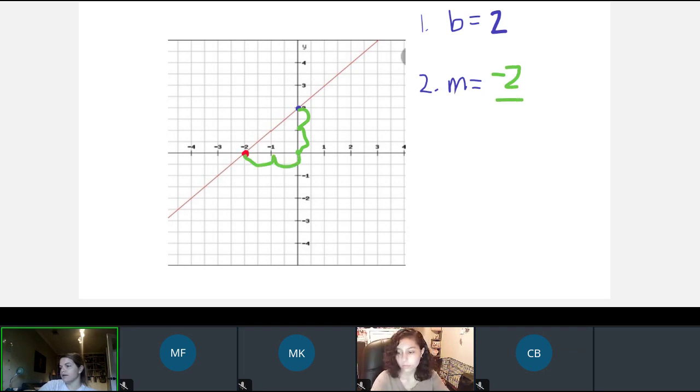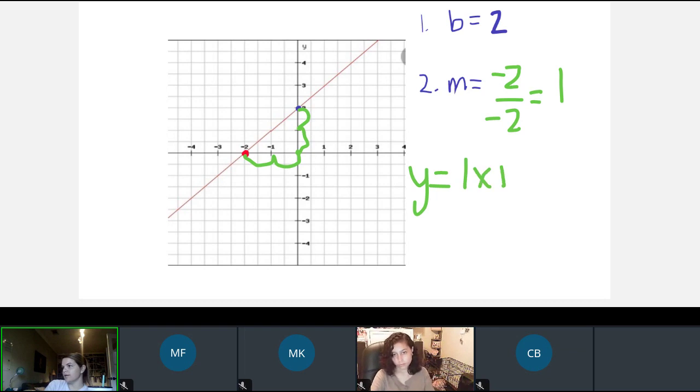Then I went left 2, so that's another negative 2. What is negative 2 divided by negative 2? Positive 1. Yeah. Okay, so let's write this. y equals, good, 1x plus 2. Or on your test, they will probably just have it as x plus 2. Not 2x, just x.